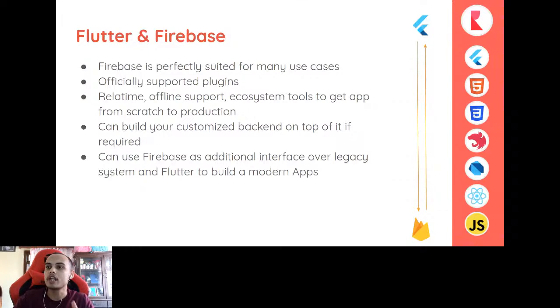What you can do is add Firebase as an additional layer or interface over your existing system, so that Firebase will handle all the real-time data or the latest data required for clients or for building modern applications. And you can use Flutter to build an application on top of that, so that your customer can still have a modern experience even though you have a legacy system behind it in your large organization.